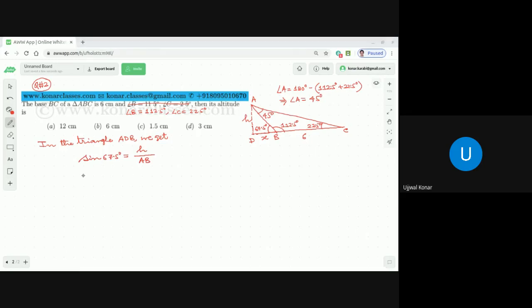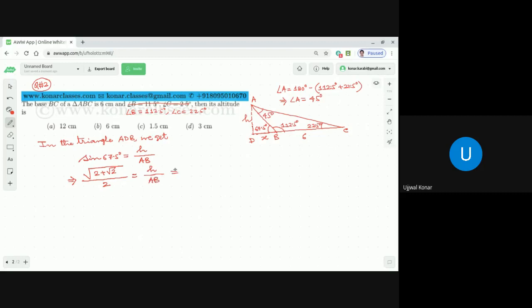By the way, the value of 67.5 degree you need to remember, dear students, as I said earlier during the trigonometric functions days. The value of sine 67.5 degree is equal to square root of 2 plus root 2 divided by 2, that is equal to H by AB.